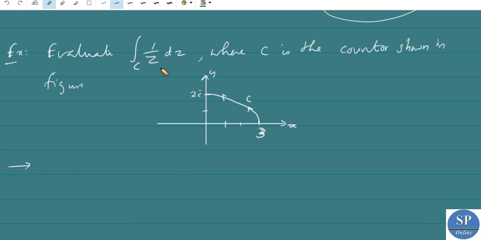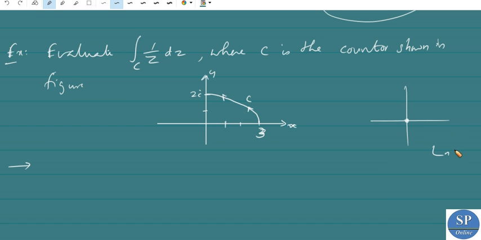So here we know the antiderivative of 1 by z. Actually, 1 by z is analytic at all points of the complex plane except at the point z equal to 0. So if we exclude this point, then we get an antiderivative for 1 by z, that will be ln of z.